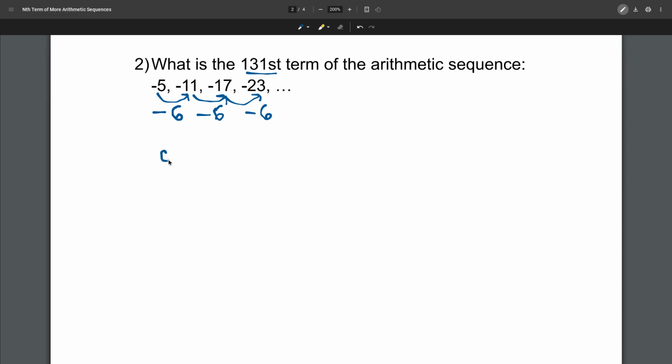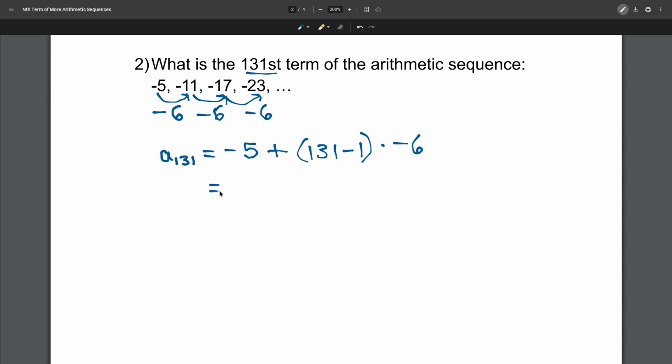And we're looking for the 131st term, so we'll say a sub 131 equals our first term, negative 5, plus 131 minus 1, because we're only actually going to decrease by 6 130 times to get to the 131st term. Times the common difference, negative 6.